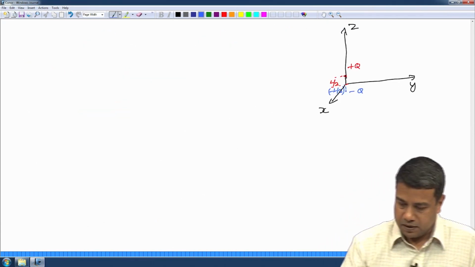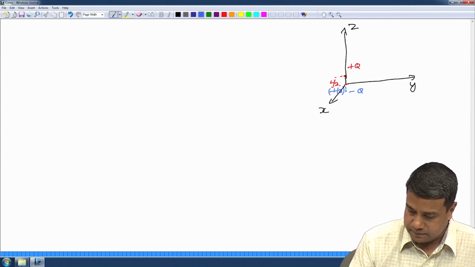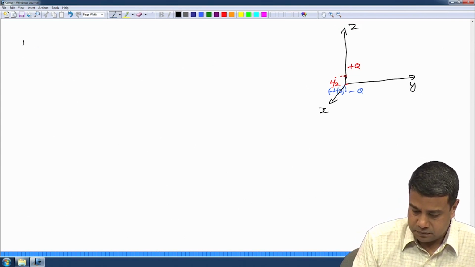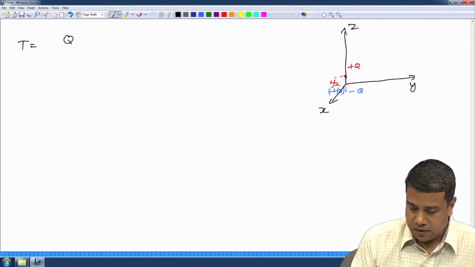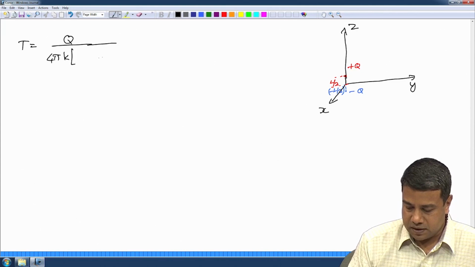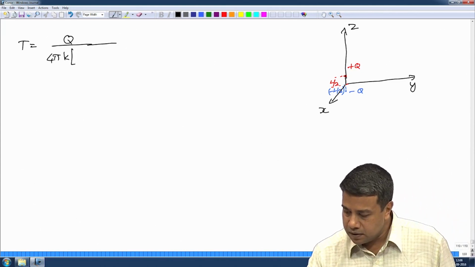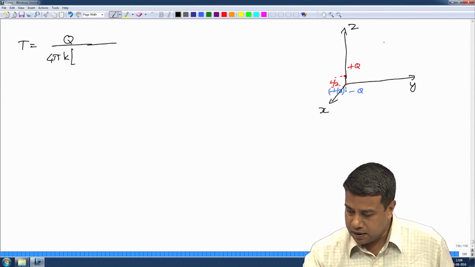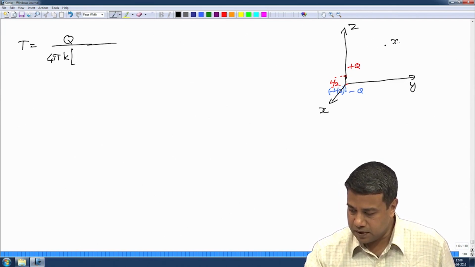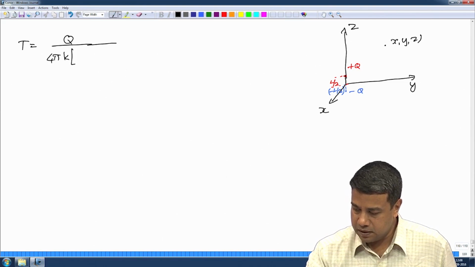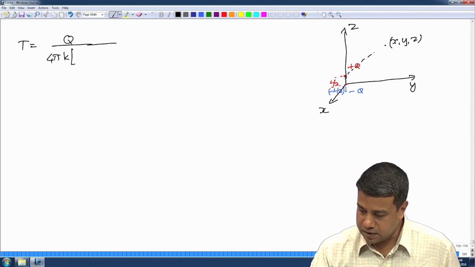So, the temperature is equal to q by 4 pi k into the distance between any observation point x, y, z and the source location.